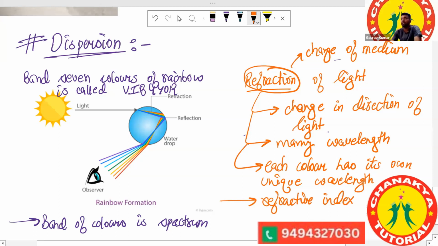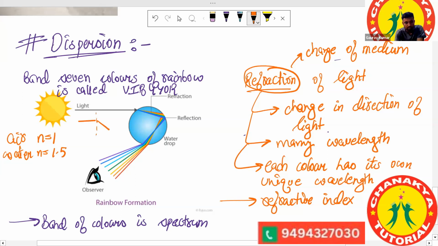Let's say air has a refractive index of 1, that means there won't be any change in direction of light. Let's say water has a refractive index of 1.5, that means it will deviate the light so that it won't be straight but a little bent.